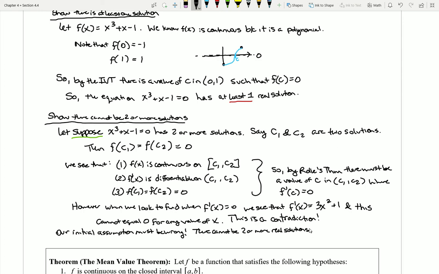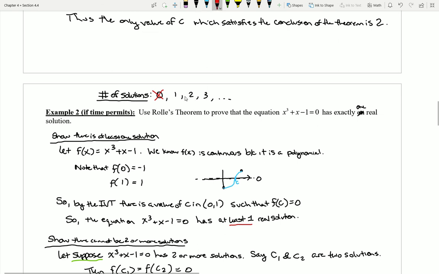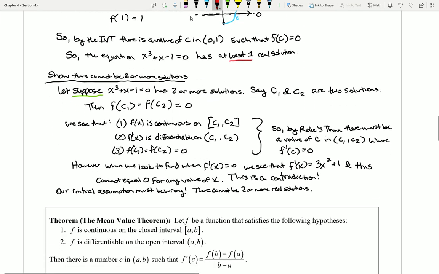But if that's the case, if it's wrong to assume that there's 2 or more and that leads to problems, then that means that we've essentially eliminated all other possibilities except that there must be exactly one solution. So we can state that x to the 3rd power plus x minus 1 equals 0 must have exactly one real solution.